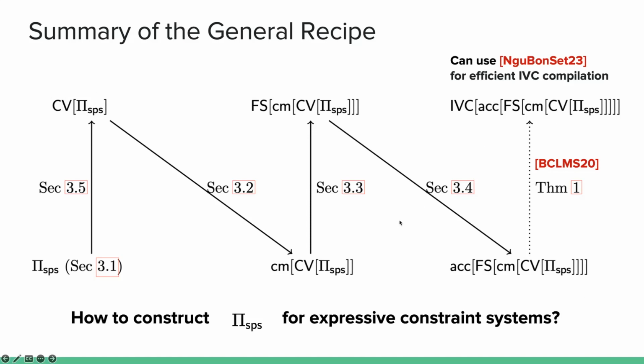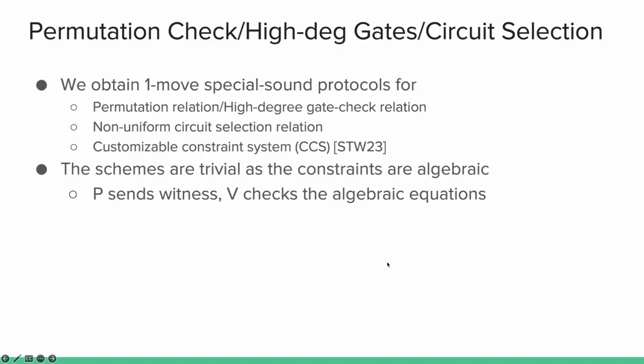So basically, the key problem we want to solve is just, given some NP-complete relation, to provide some interactive special sum protocol for these relations. And it turns out to be quite easy, actually. In particular, we obtain a one-move special sum protocol for permutation relations, high degree gate check relation, non-uniform circuit selection relation, and also CCS relation.